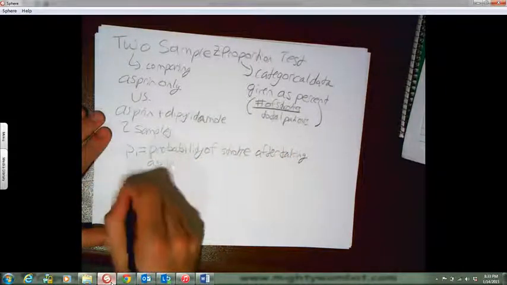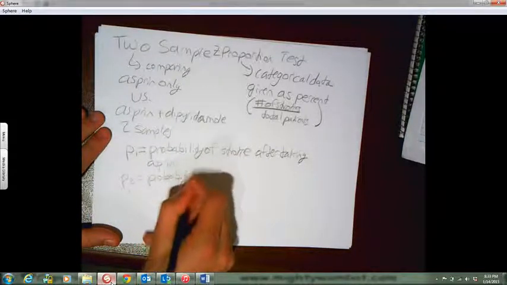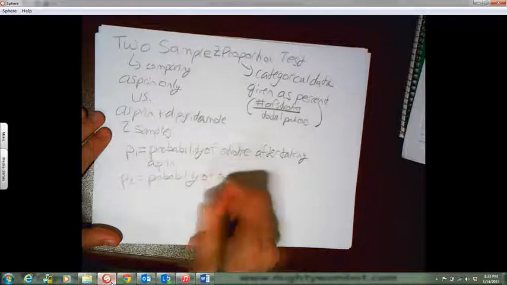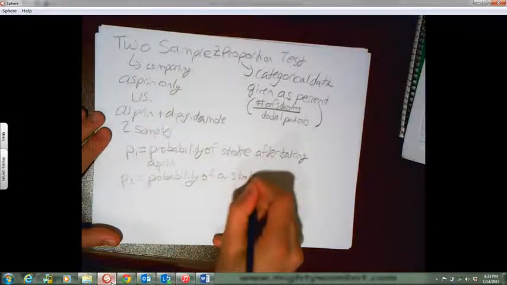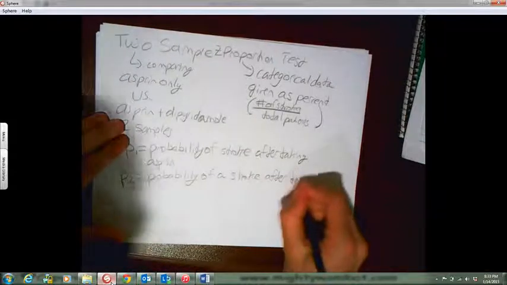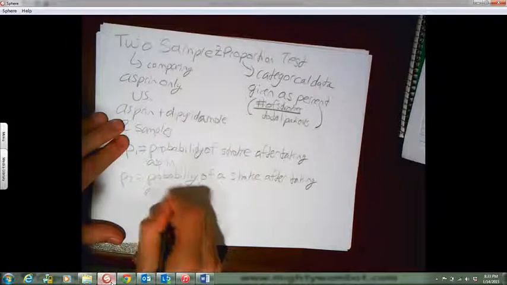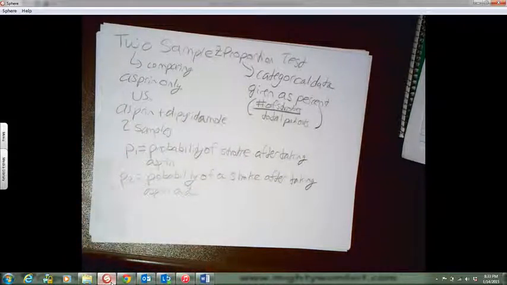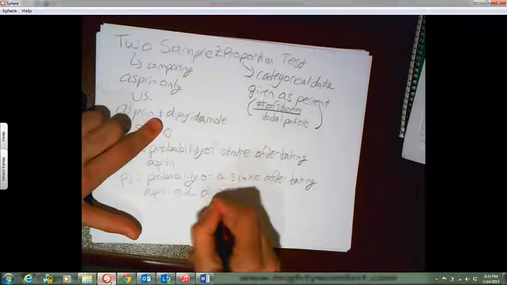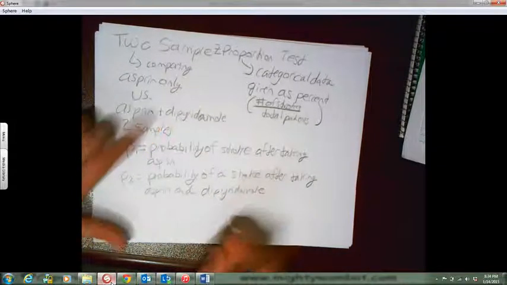P2 is the probability of a stroke after taking aspirin and this other drug, dipyridamole.